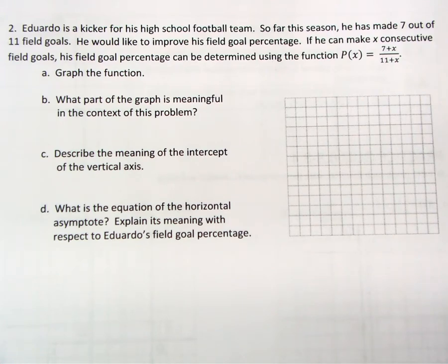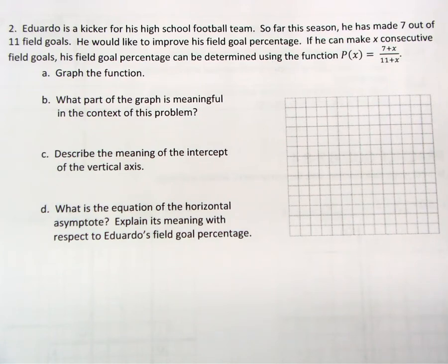So first it's asking us to graph the function. Before we graph this function, I want you to think, what would make sense in terms of graphing this? So X is the number of consecutive field goals that he makes. Obviously, that has to be a positive number because we can't have a negative amount of field goals. And then the P of X, that represents his field goal percentage.